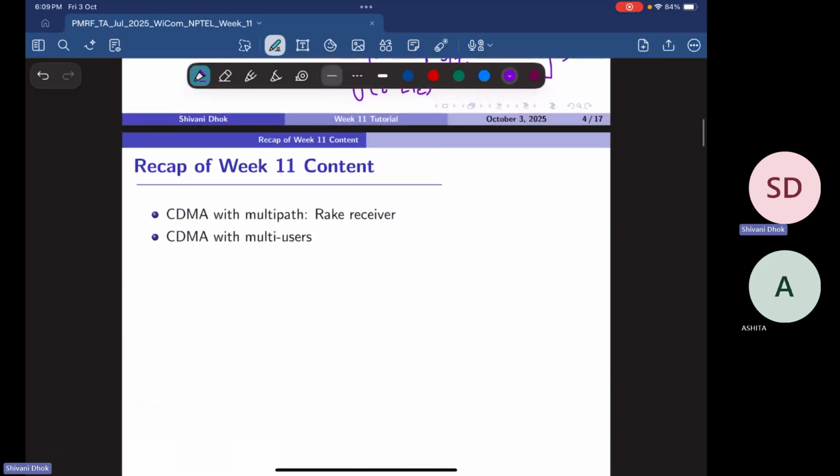Then we looked at CDMA with multiple users. When we have multiple users, these users will start creating interference, and for every user what we get is the SINR, that is signal to interference plus noise ratio. To model that interference, we use the central limit theorem.